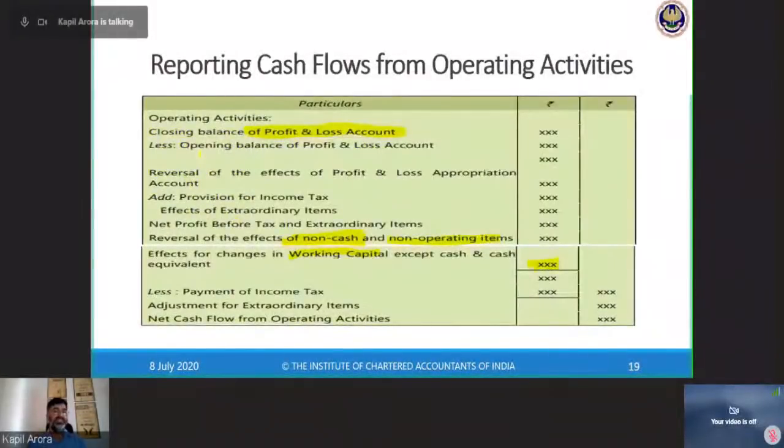These formats are there in the study material also, but we have to follow these formats only. We have to be clear how investing or operating activities would be prepared by looking at these numbers or these areas.